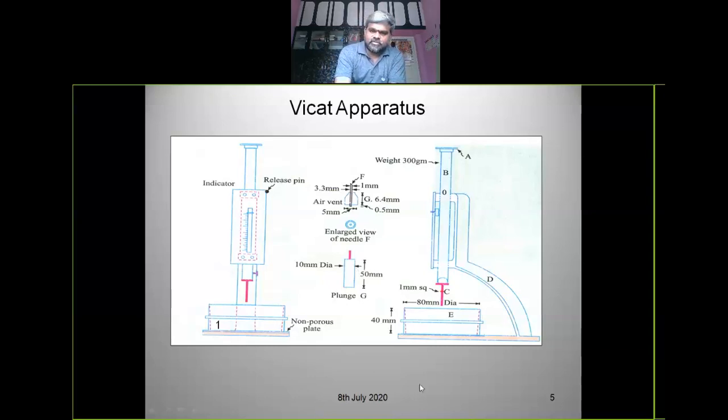The mold height is 40 and the diameter is 80, and we fill the paste in this mold. The plunger weight is around 300 grams. We release the plunger with the use of the pin, then the plunger penetrates into the cement paste, right?